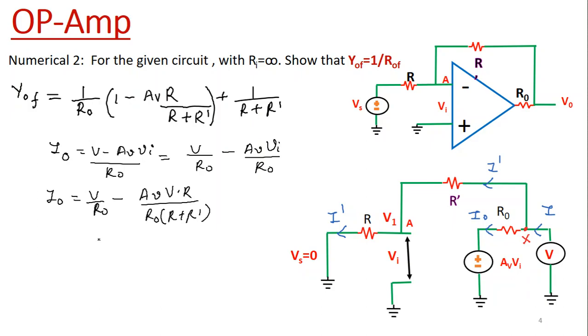Now from this equation we take RO common, and V also we can take common. So we get V upon RO into 1 minus AV into R divided by R plus R dash. This is the equation we are getting for IO. Let this be equation number 4.